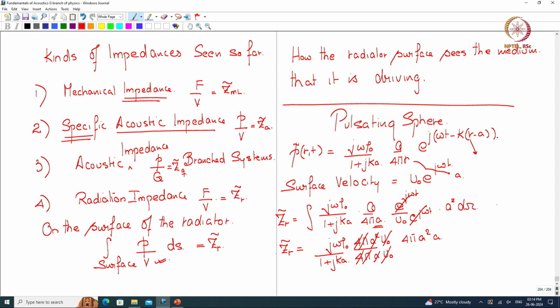So that is the radiation impedance. If I write it, radiation impedance is j omega rho 0 by 1 plus jka, into 4 pi a cube.